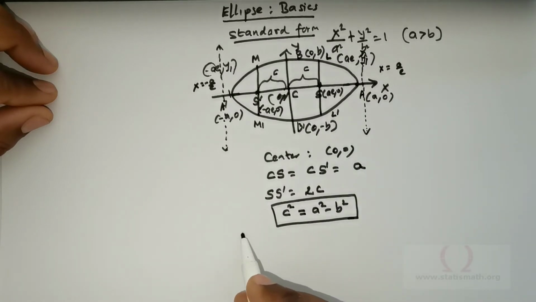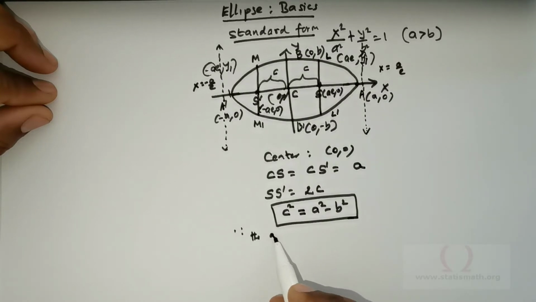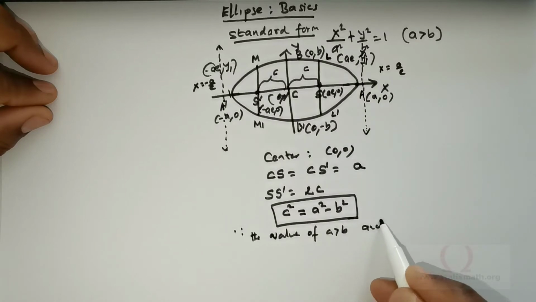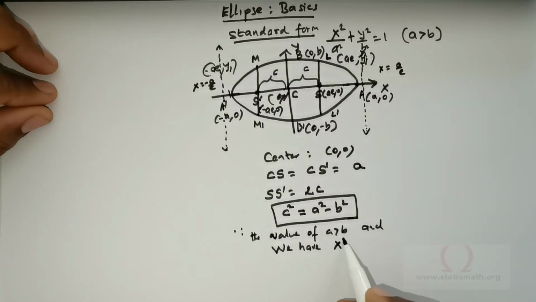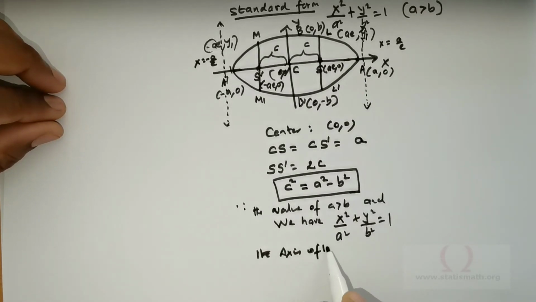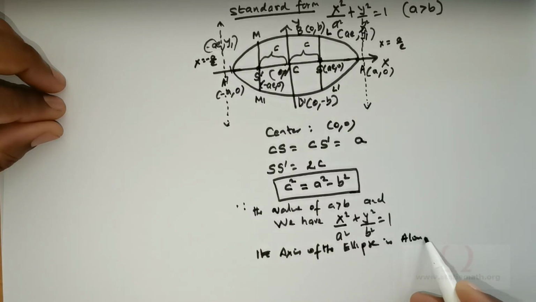Now since we see that the value of a is greater than b, and we have x squared over a squared plus y squared over b squared is equal to 1, the axis of the ellipse is along the x-axis.